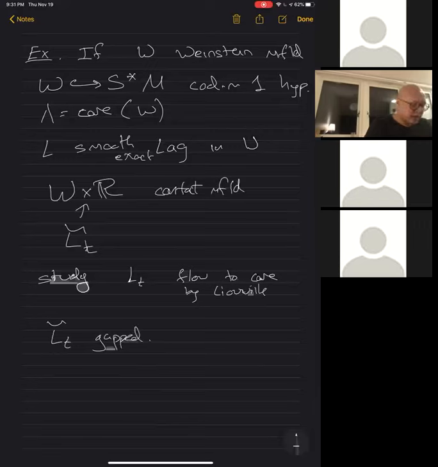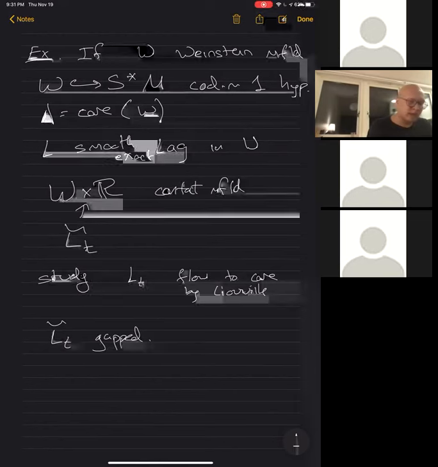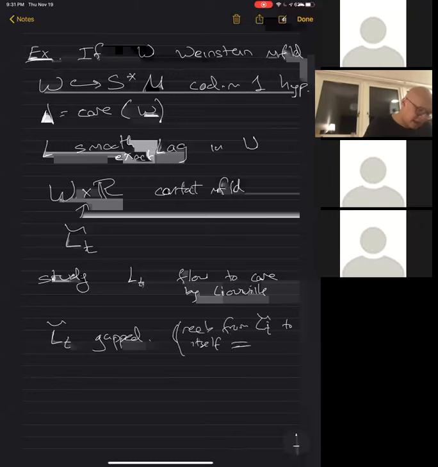The reason is that there are no Reeb chords at all in W times R from L_t tilde to itself, since that would be the same as a self-intersection of this L_t. And this original L was smooth, so it didn't have any self-intersections.